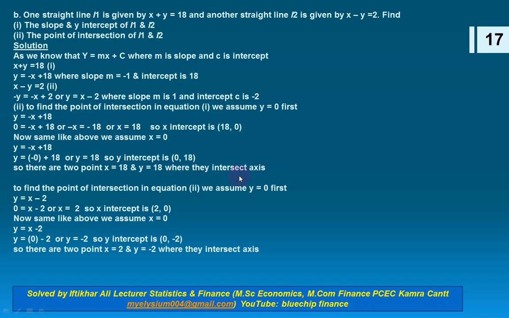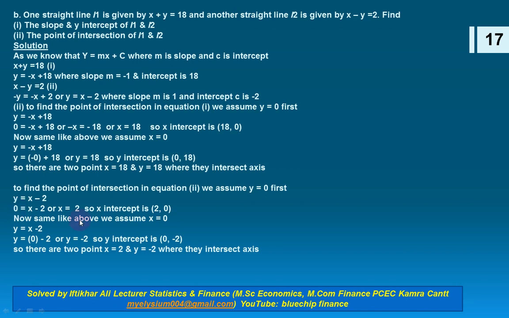To find the intercepts in equation 2, we assume y equals 0 first. According to the second equation, y equals x minus 2. We put y equals 0, and this minus 2, when it goes to the other side of the equation, becomes plus 2.